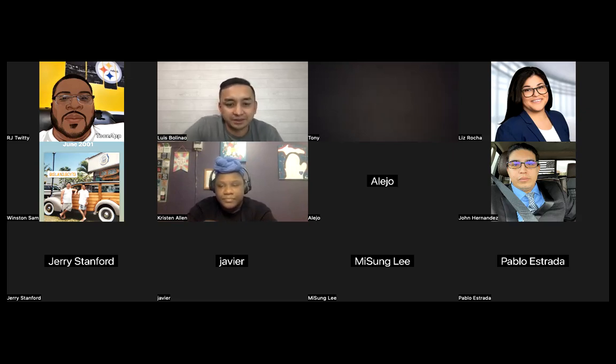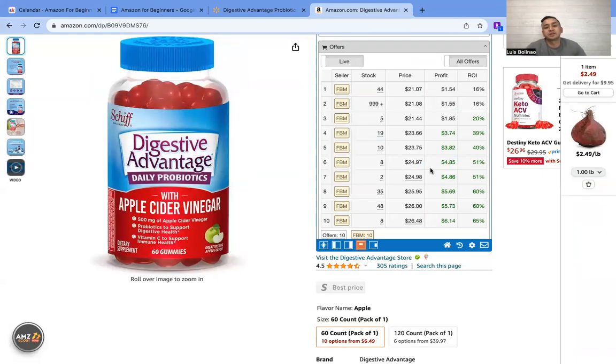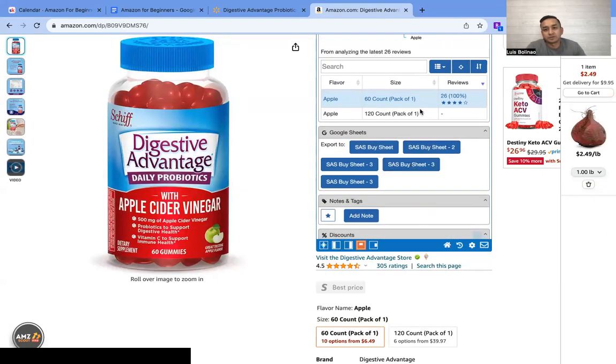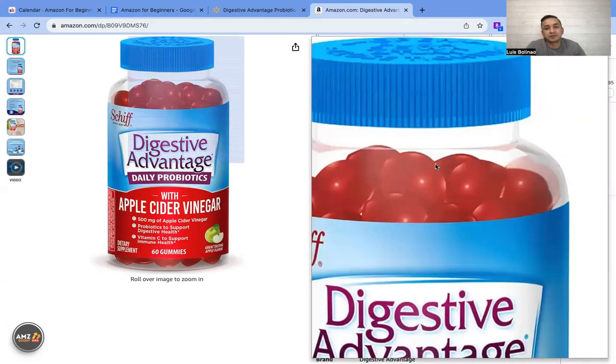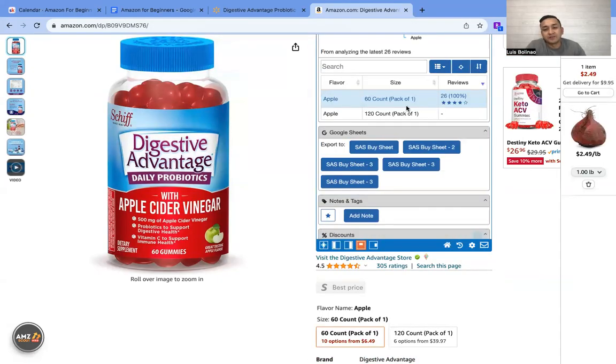Yeah, this one's a bad example, but if the other variations are also getting a sale, or a good chunk of the sales, then yes, I would source that exact variation.